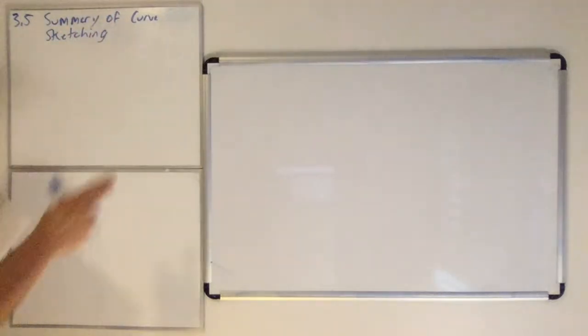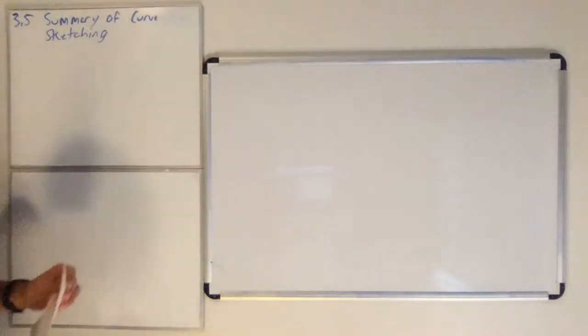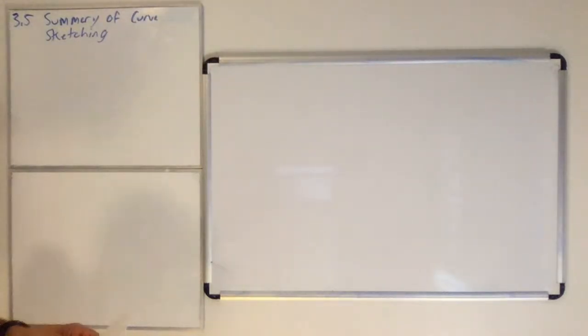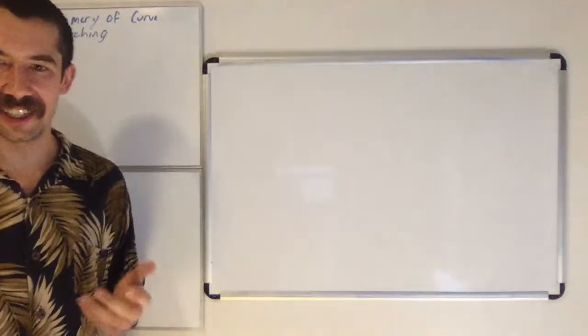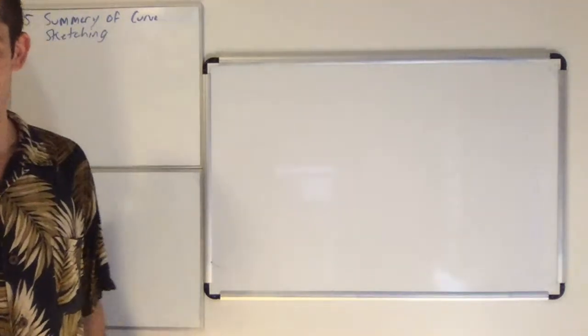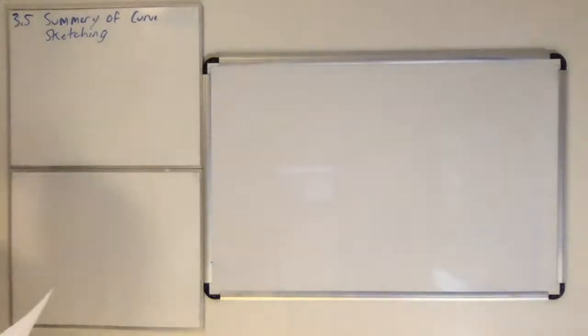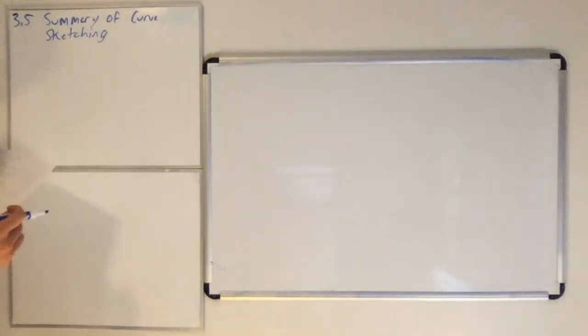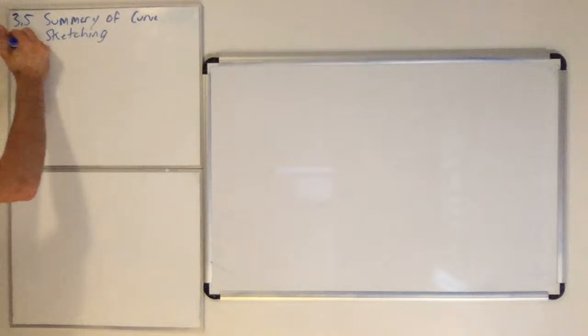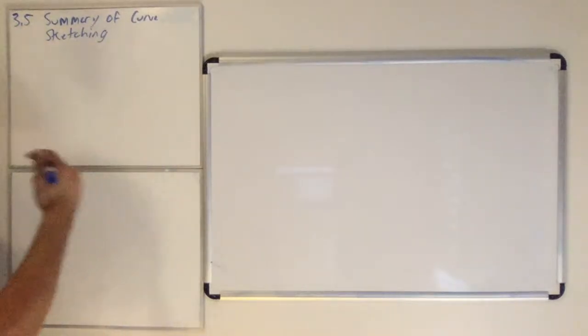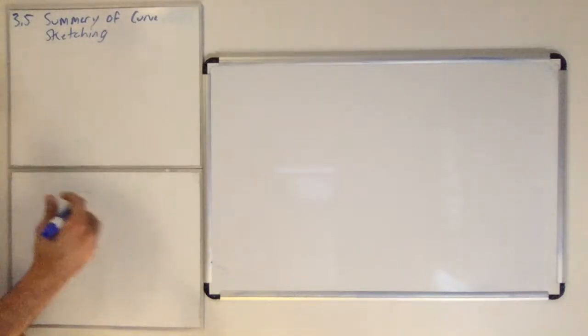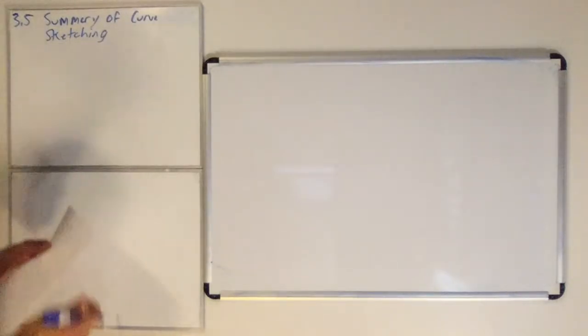It's summary of curve sketching. So we're gonna have 7 facts that are needed to graph a function by hand. Okay, so that's going to be the idea. Hello, Max. Good to see you. So the following is a checklist, and so when we do these curve sketching problems, we're gonna have to go one at a time, all the way through until we get all 7, and then we can put it together for a graph.